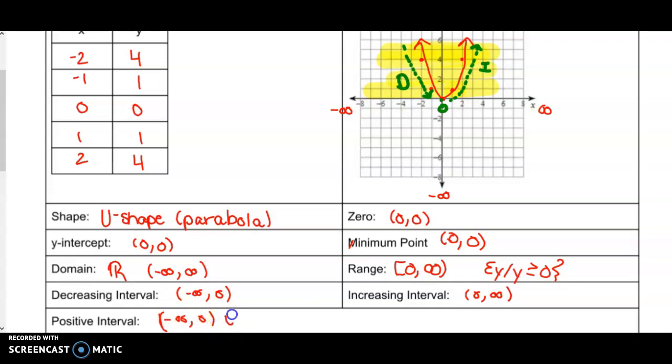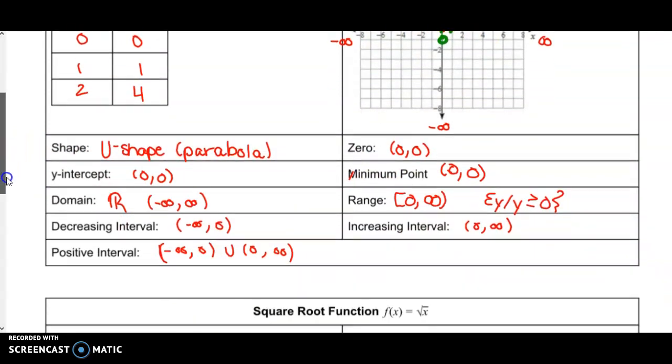Since we're not including 0, put a parenthesis, and then union, this yellow piece is between 0 to infinity. So that's your quadratic.